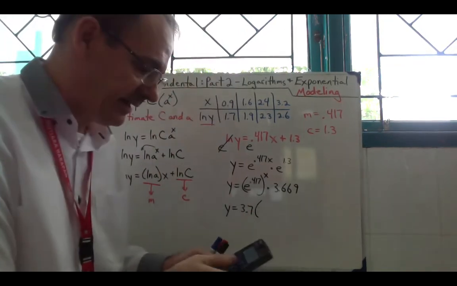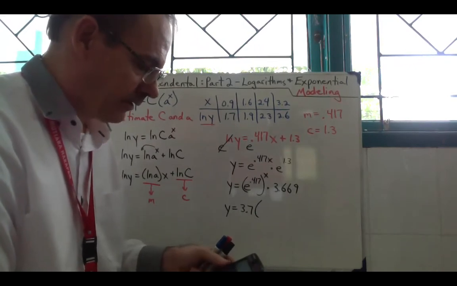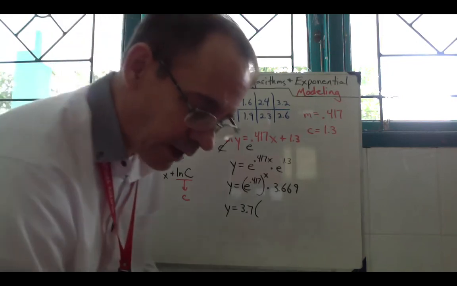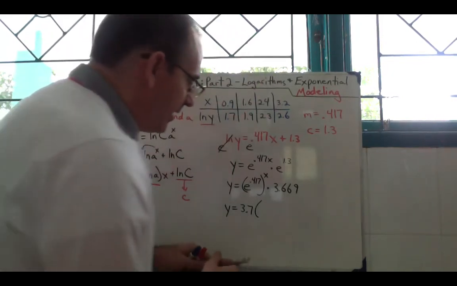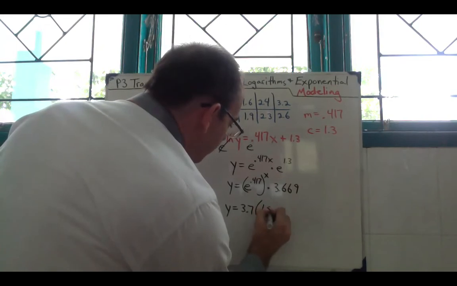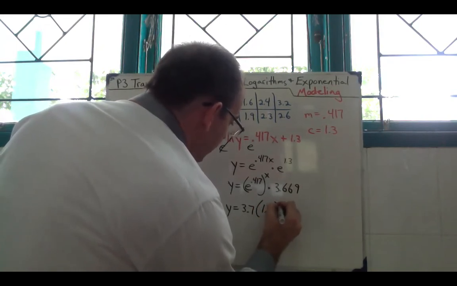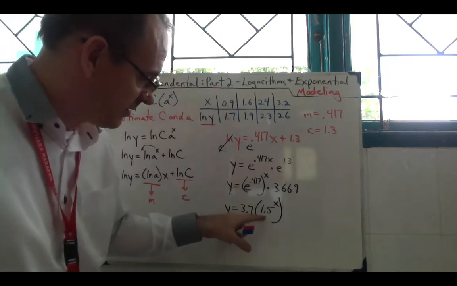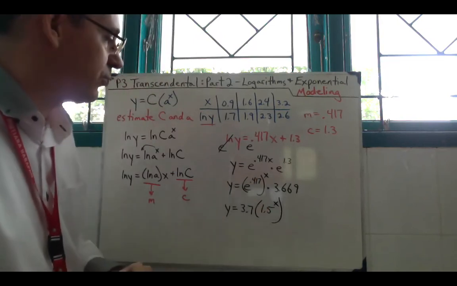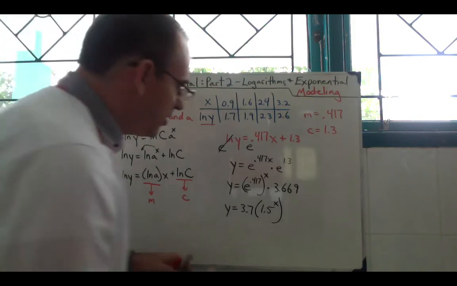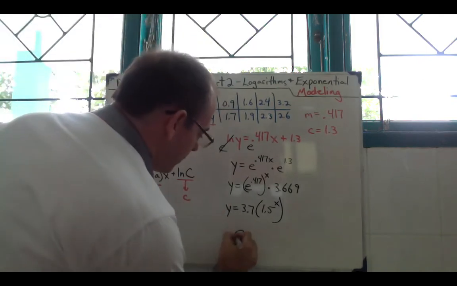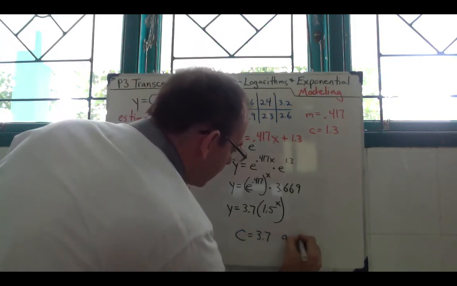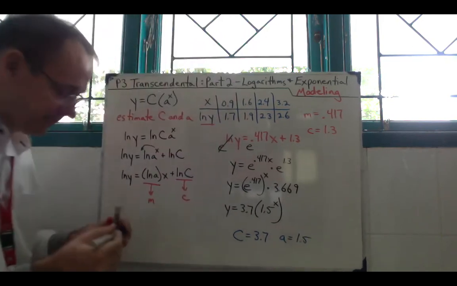We're going to do e to the 0.417, and we get 1.517, and we'll just put 1.5 to the x power. So this e to the 0.417 is 1.5, and it's still raised to the x. So you can see that the big letter C is 3.7 and A is 1.5.